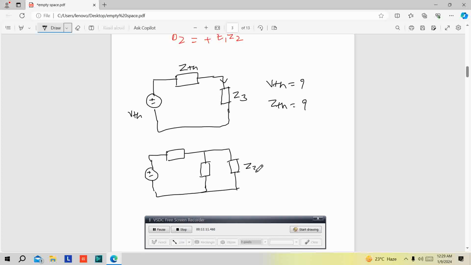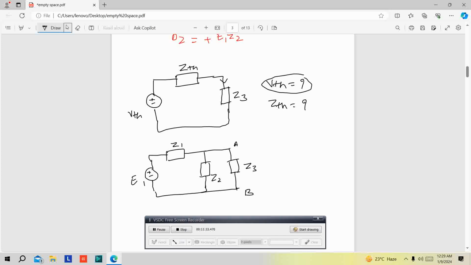So this is Z3, Z2, and this is Z1 and this is E1. So consider this is a normal network. First, consider this is terminal A and this is B. So how do we calculate VTH here?